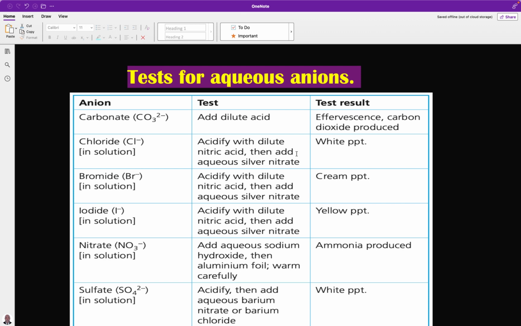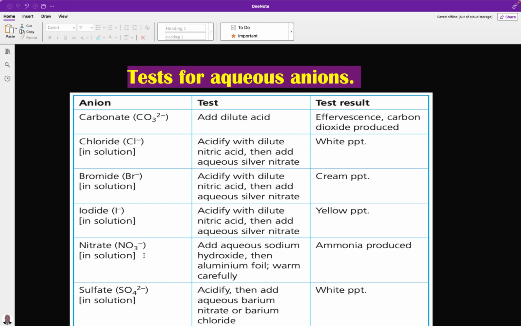The observation will be, for chloride, a white precipitate. For bromide, a cream precipitate, and for iodide, a yellow precipitate. These are the tests we use in identifying the different halides using dilute nitric acid and aqueous silver nitrate.